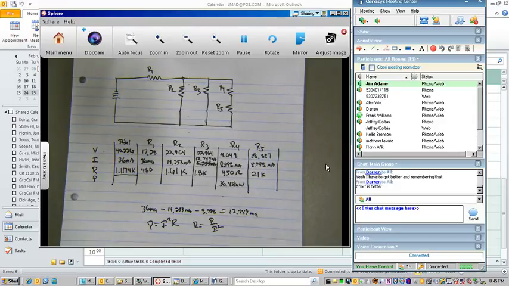So we take the reciprocal of 2.55K, add that to the reciprocal of 1.8K, add that to the reciprocal of 1.61K, you can take the reciprocal of all of that and add that to 480.